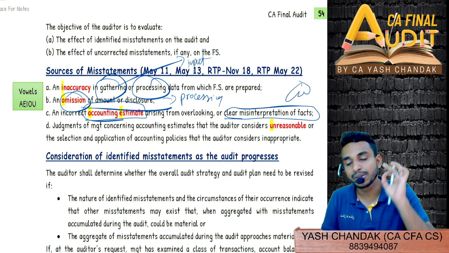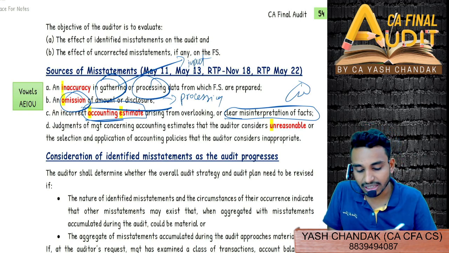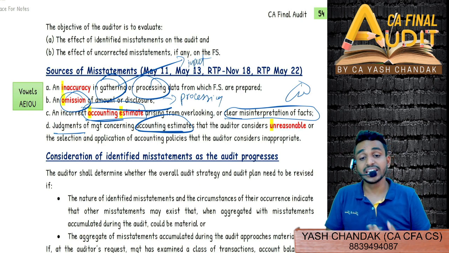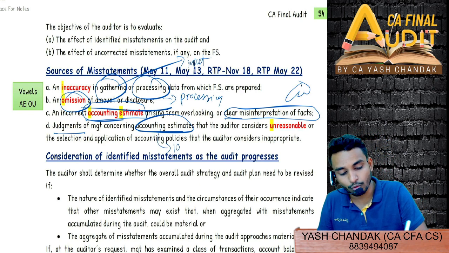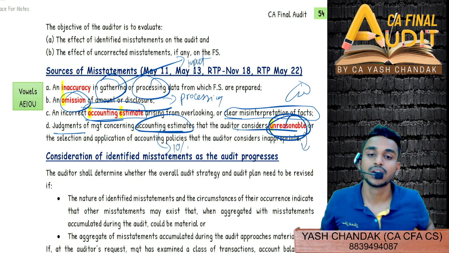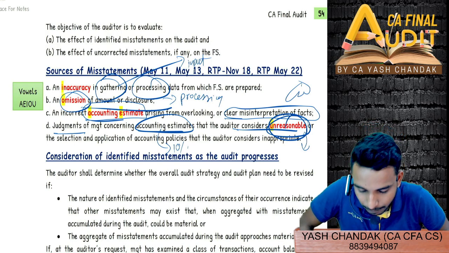Clearly you are misjudging and misrepresenting the facts, and based on that you are taking 10%. And then judgments of the management concerning accounting estimates. Whatever judgments you feel regarding these accounting estimates, for example, the 10% just now, the auditor considers unreasonable. It should be around 1 or 2%, the past average. Why is there suddenly a sharp rise?